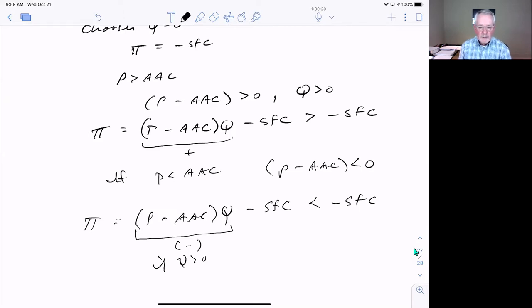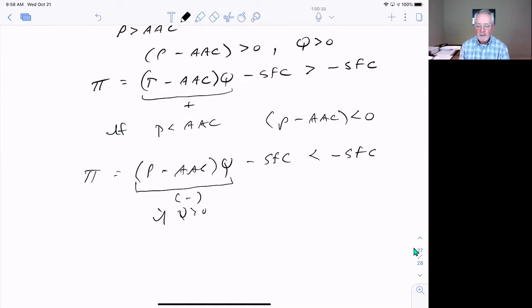So the firm would definitely prefer just to lose its sunk fixed costs. It doesn't want to add fuel to the fire by also losing profits against its avoidable costs.